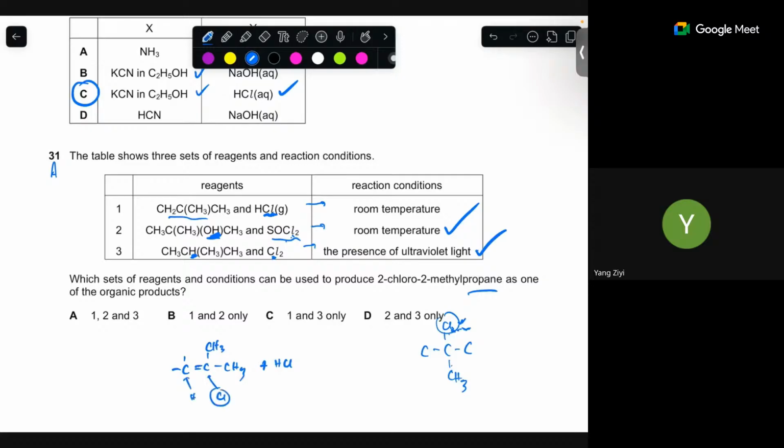So the Cl can come in the middle, CH3 is there, so possible also. This is going to be electrophilic addition. So this is nucleophilic substitution, free radical substitution, electrophilic addition, nucleophilic substitution, and this is free radical substitution. So this is going to be A.